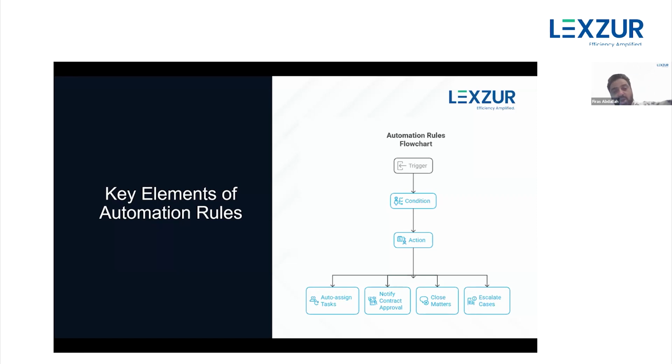This is the first block of the automation rule, as we see at the top of this slide. The second block is the condition, or conditions in plural, as there may be more than one. This block consists in specifying criteria to refine the rule. For example, matter type must be commercial, matter type must be civil, a due date approaching.